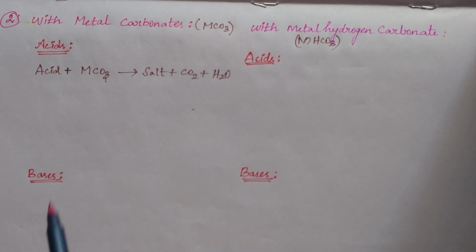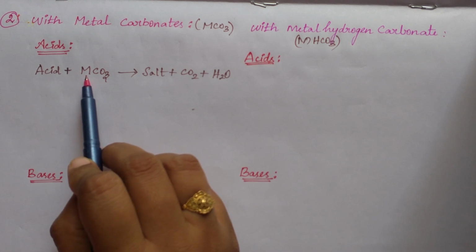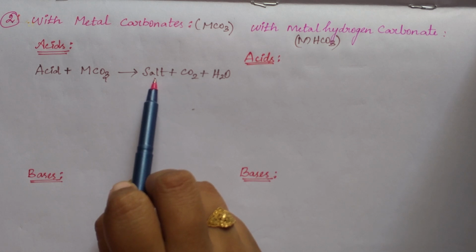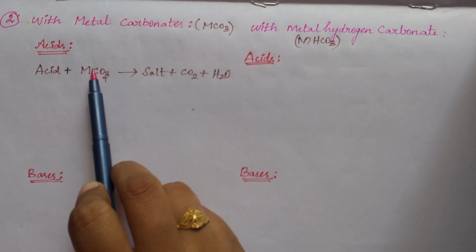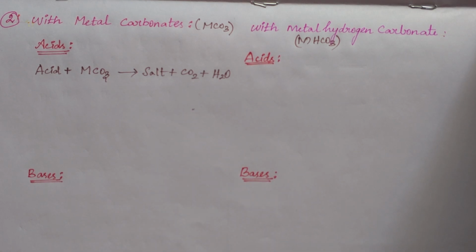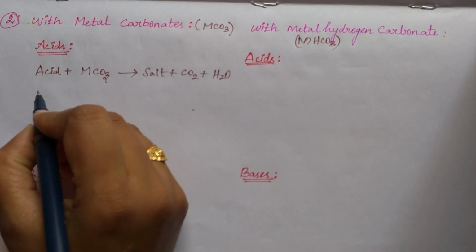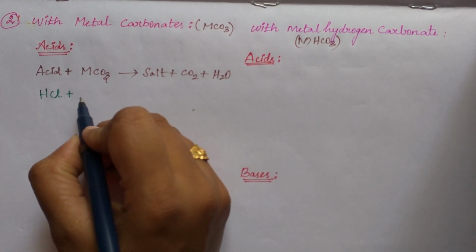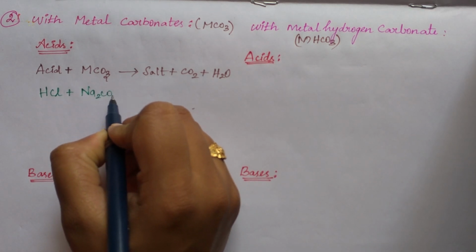When an acid reacts with a metal carbonate, M represents the metal and the carbonate formula is CO3, what happens is it gives salt and water, but from the carbonate CO2 gas is produced. This is the basic concept, students. Whenever you take carbonate compounds, after the reaction it produces carbon dioxide as one of the products. You should not forget this concept. You can take any acid, for example HCl, and a metal carbonate, the simple one being sodium carbonate.